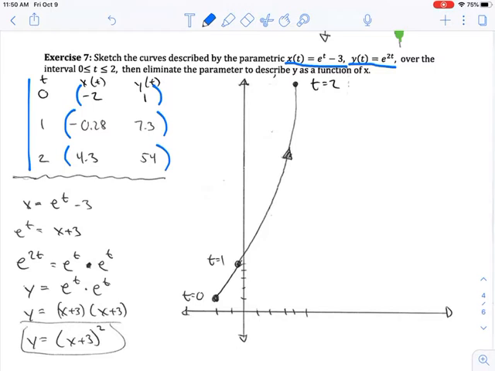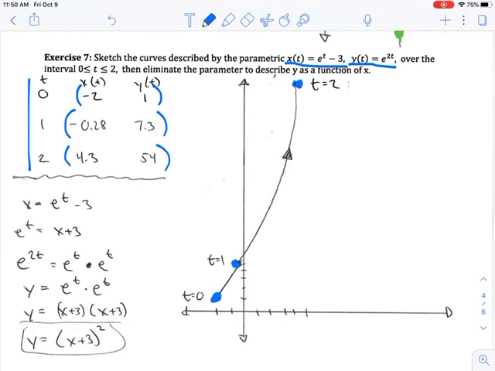All right. So I have a point at t equals 0 here. At t equals 1 is right there. T equals 2 is here. What I can tell is that as x goes from -2 to 4, which is just an increase of 6.3, y is increasing very rapidly.